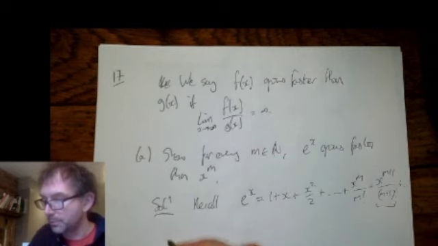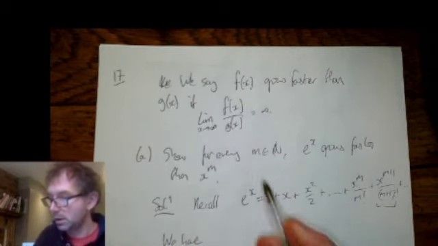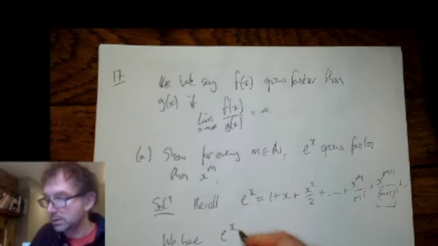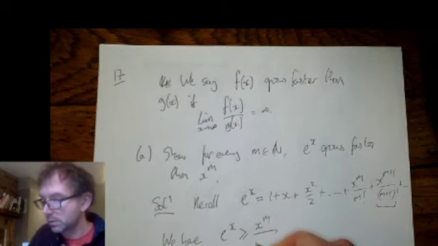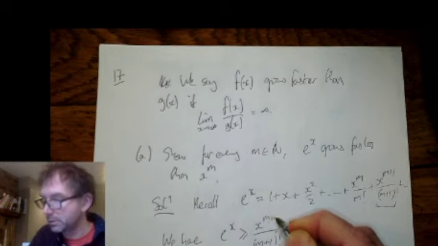So we have e to the x is going to be bigger than or equal to this term, because we've got lots of other ones as well. So x to the m plus 1 over m plus 1 factorial.